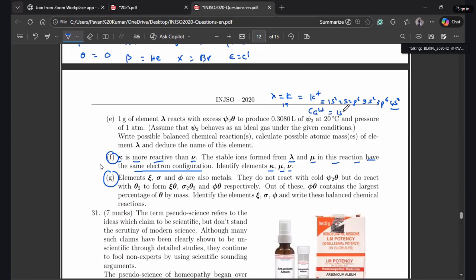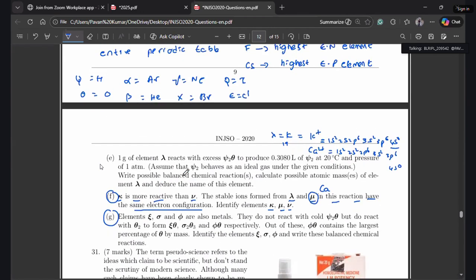Calcium in 2+ is also the same, 1s2, 2s2, 2p6, 3s2, 3p6, 4s0. So by this we can consider that mu is calcium. And they said K. We already discovered K. What is K?